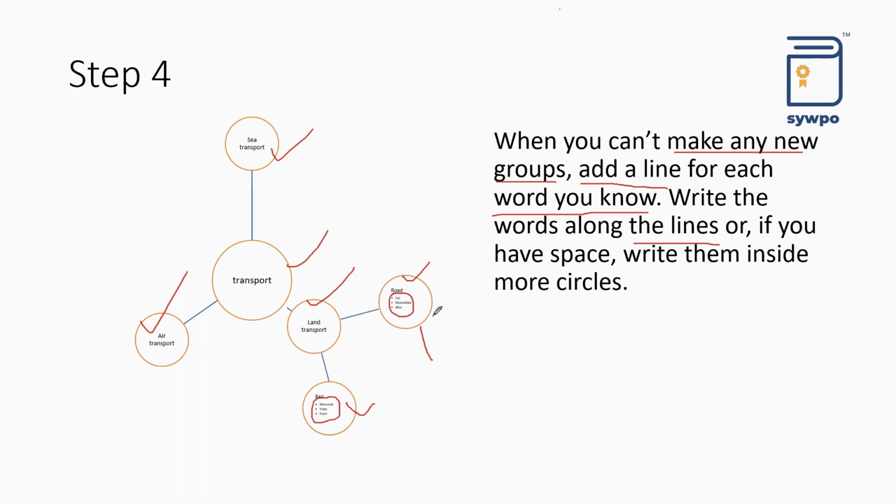I could have made more lines and more circles and then written them here, but because maybe you are running out of space, you don't have paper left to keep drawing, you can add these ideas inside the bubbles itself. No worries about that, that's also doable as long as you understand what you are doing, that's all.